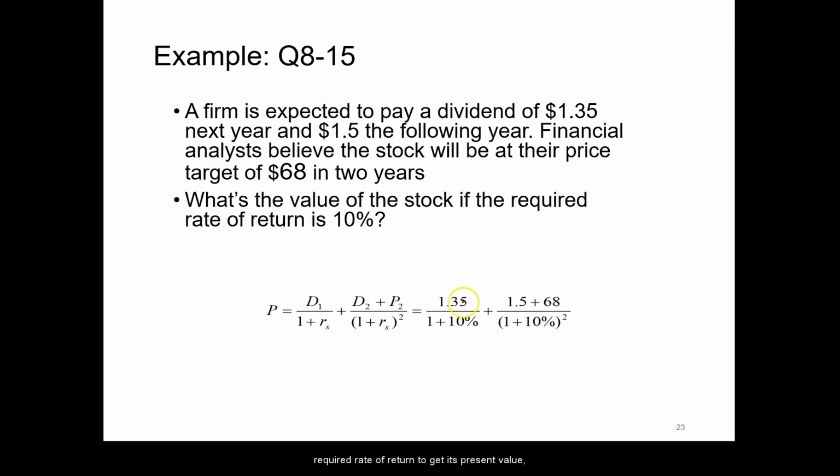We discount it using a 10% required rate of return to get its present value. Second year, we have 2 payments, the dividend payment and the sale price. We sum them up because they are both at the end of year 2. We calculate its present value by discounting 2 years back. And then we sum up these 2 present values. We get the price, that's P0, according to D1, D2, and P2 in a 2-year time horizon.